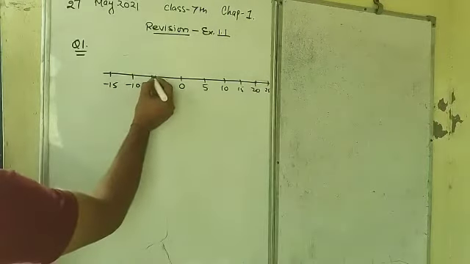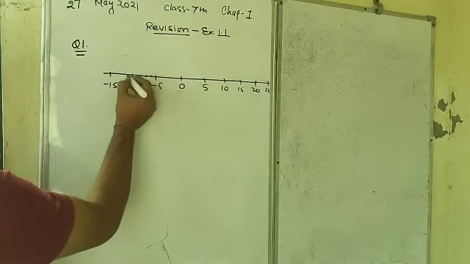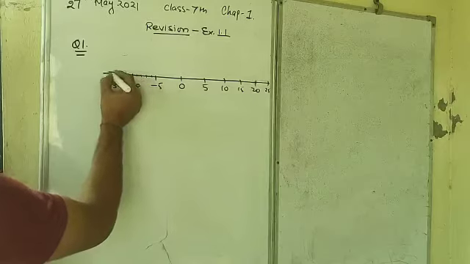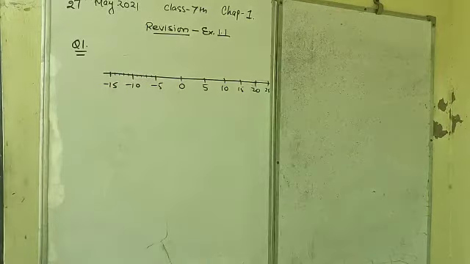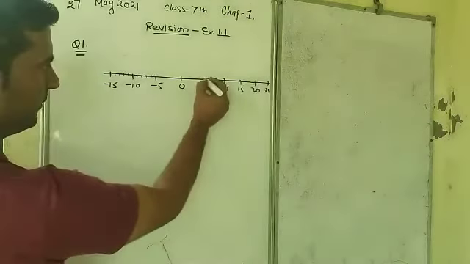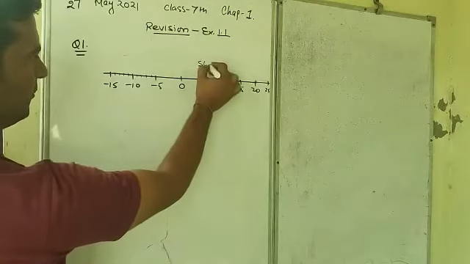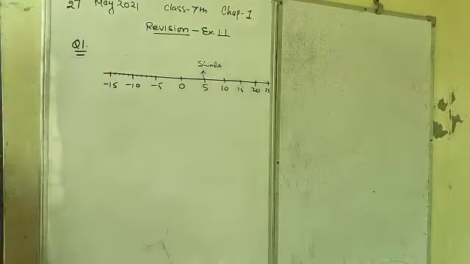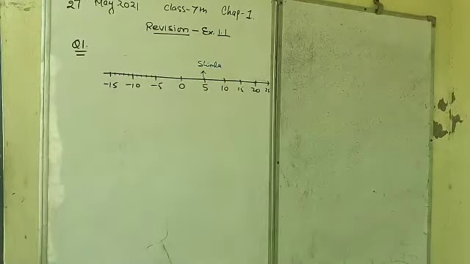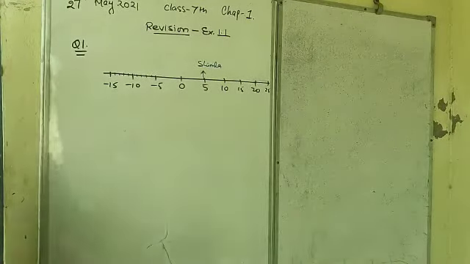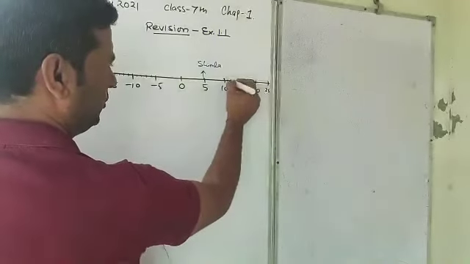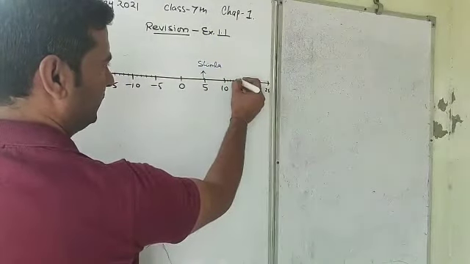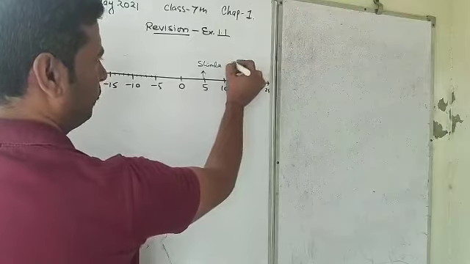Now, 0, 1, 2, 3, 4, 5. At 5, the temperature of Shimla. 5 degrees Celsius is the temperature of Shimla. Then 14 degrees, 1, 2, 3, 4, 5, is the temperature of Ooty.